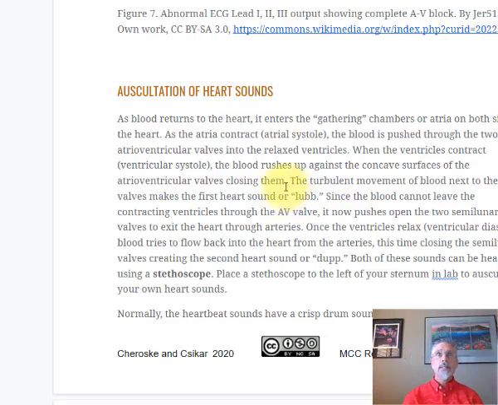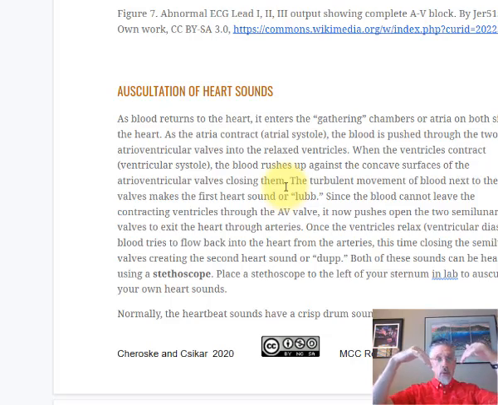So what happens is those different valves will close because the blood rushes up against them. They have an umbrella shape and it actually closes them. So when the atria contract, they're doing so from above the atrioventricular valves. It pushes them open and it has the blood drop down to the ventricles. When the ventricles contract, the blood's going to rush up.